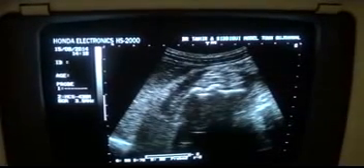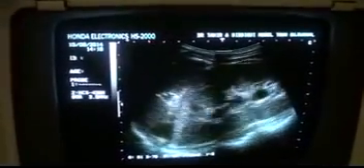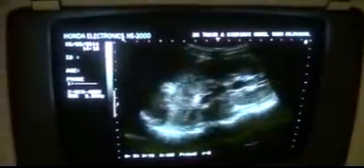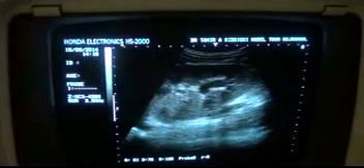Let's go to the left kidney and see what is the status of the left kidney. Now this is the left kidney.